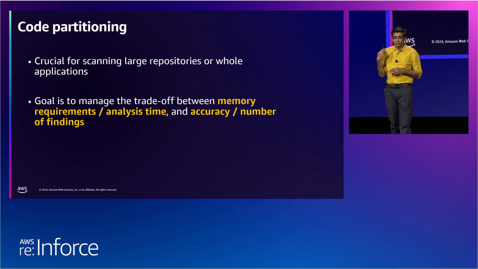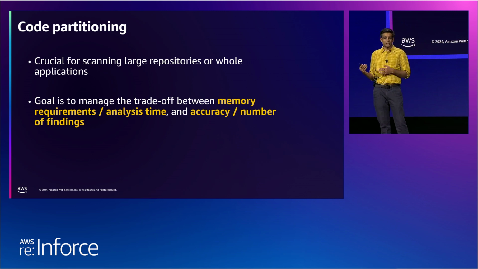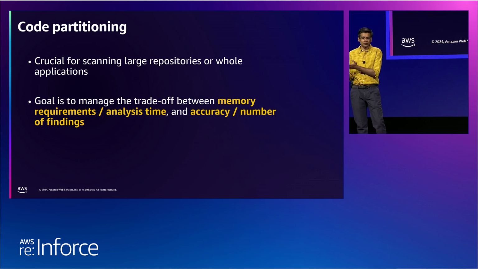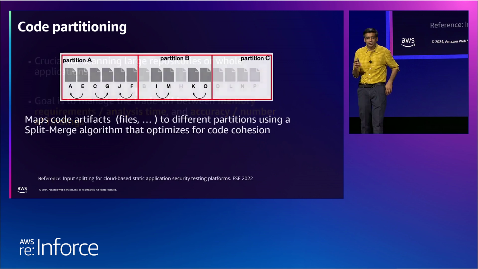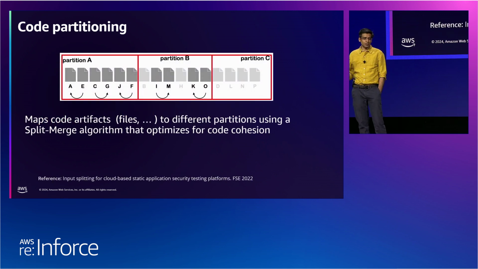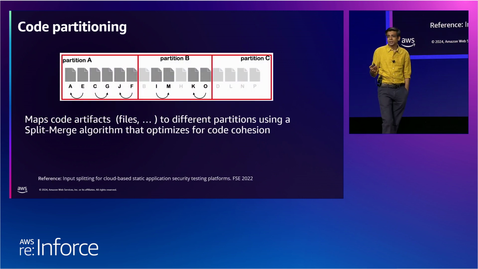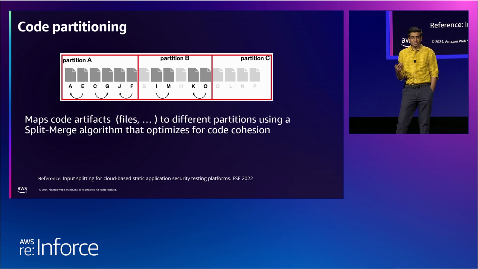while the partitioning algorithm ensures that this does not come at the cost of the accuracy or the quality of the findings. Now, this trade-off between the analysis time or the memory footprint on one hand and the quality of the findings is very effectively managed in our code partitioning engine through a new partitioning algorithm that we've developed.